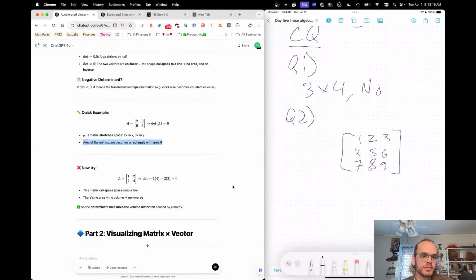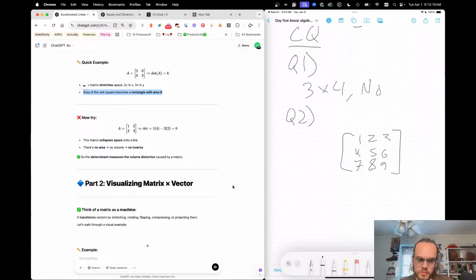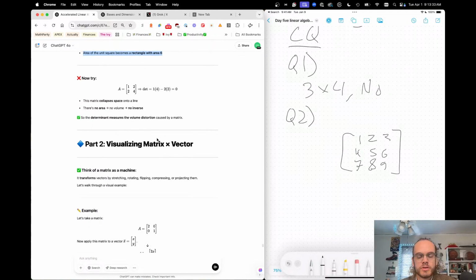I think I'm kind of understanding this. This matrix collapses space onto a line. Yeah, no area, no volume, no inverse. Okay, I actually get this, I think.